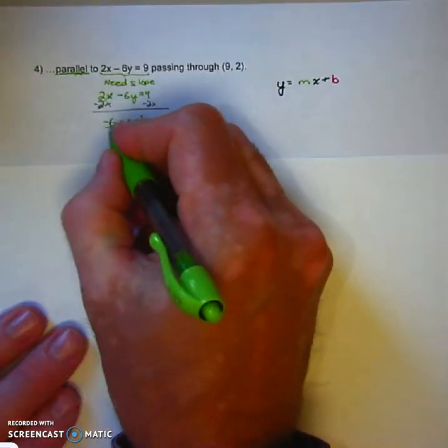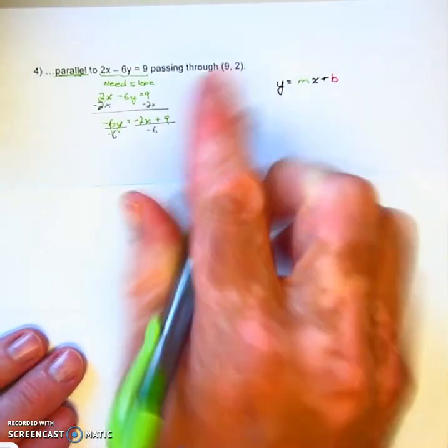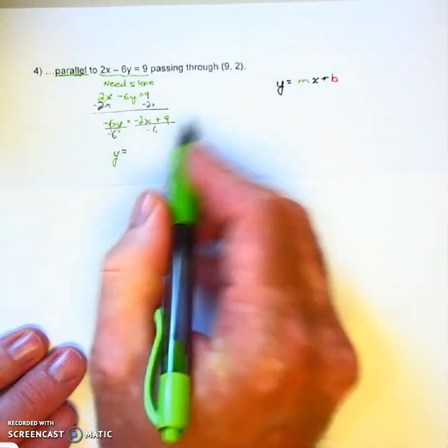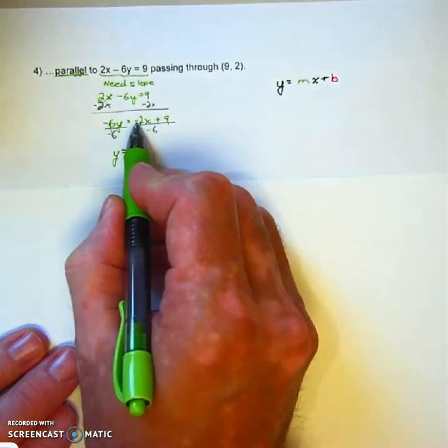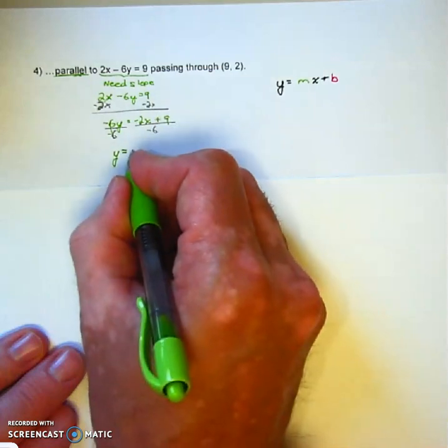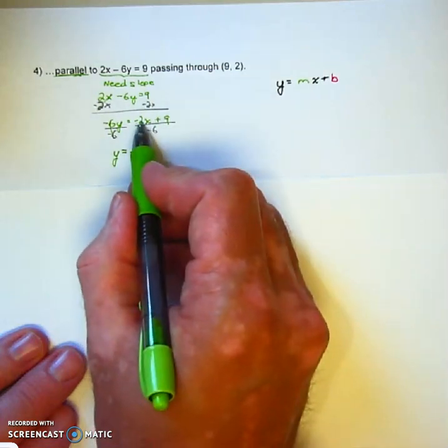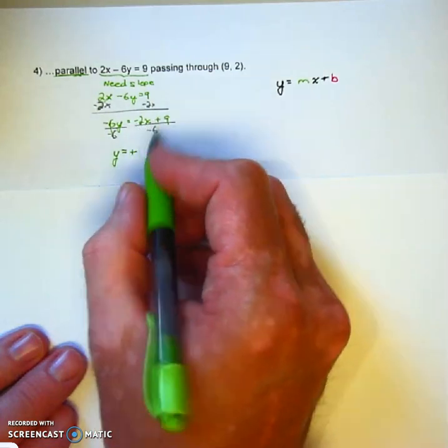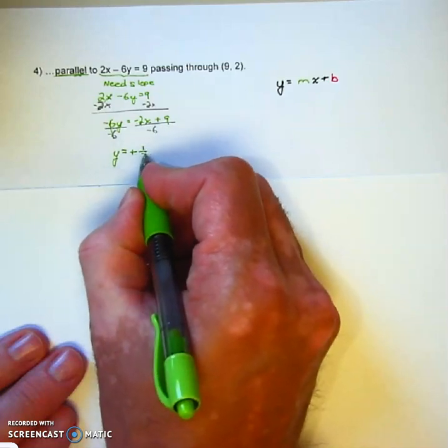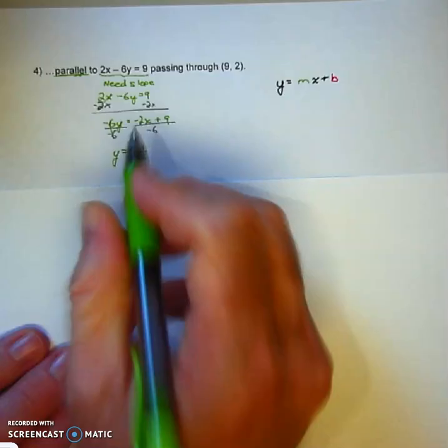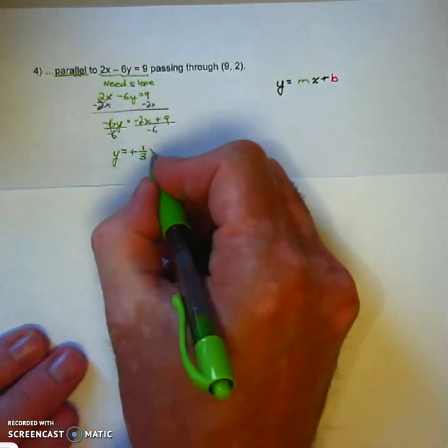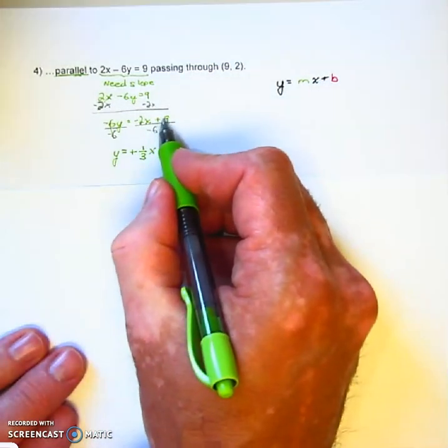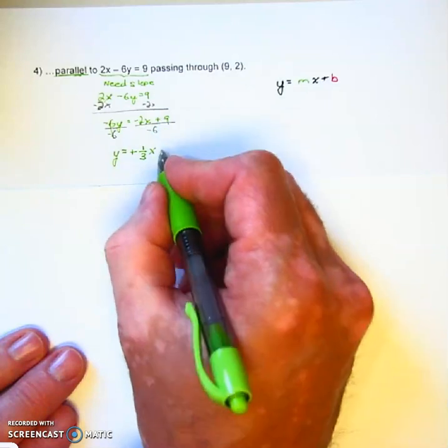And when I divide by negative 6, I get y equals, now look at this, a negative divided by a negative is a positive, and 2 over 6 reduces down to 1 over 3. So y equals 1/3 x, and then over here, a positive divided by a negative is a negative.